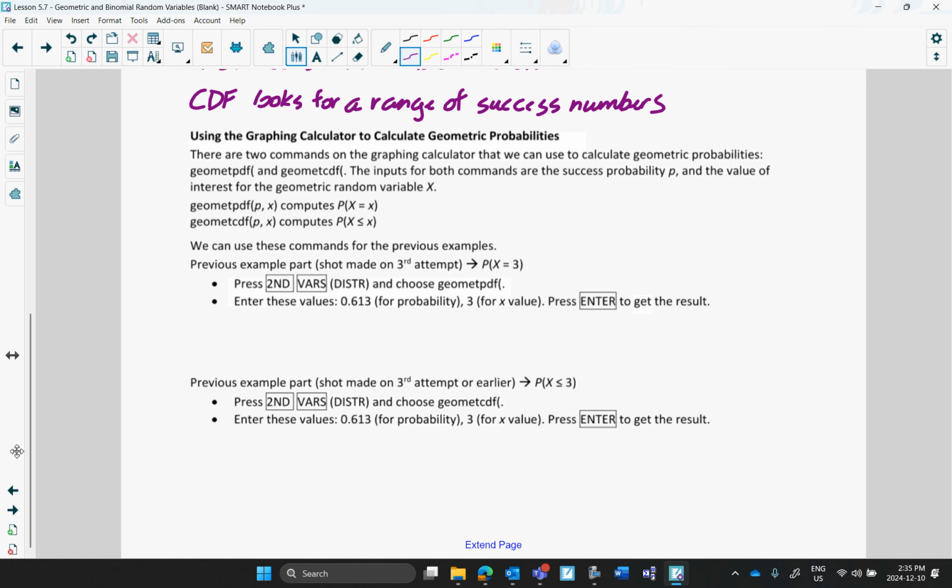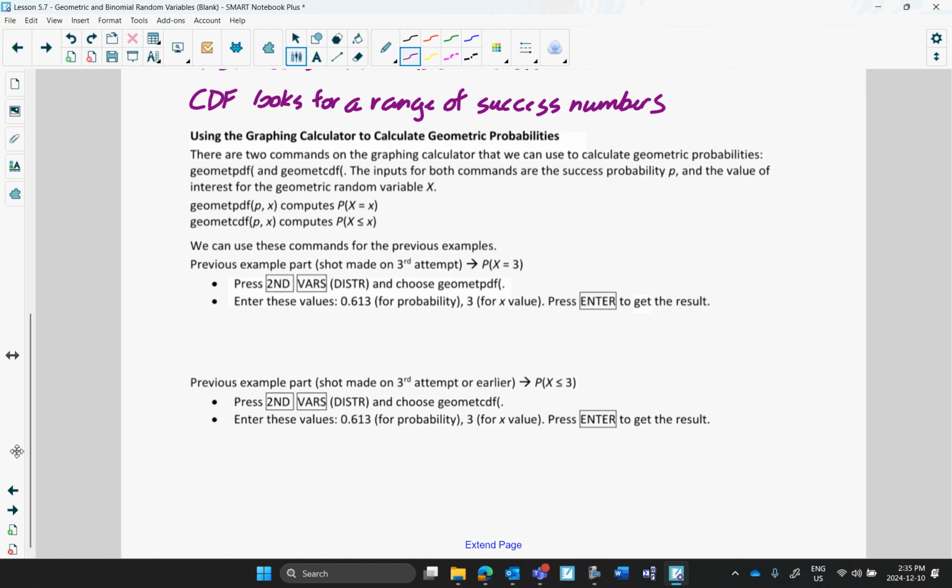It's going to give it to you in parentheses. You hit enter again and it gives you the decimal probability, which should be 0.092 if you round it. Does it always give a decimal? Yes, not a percent.